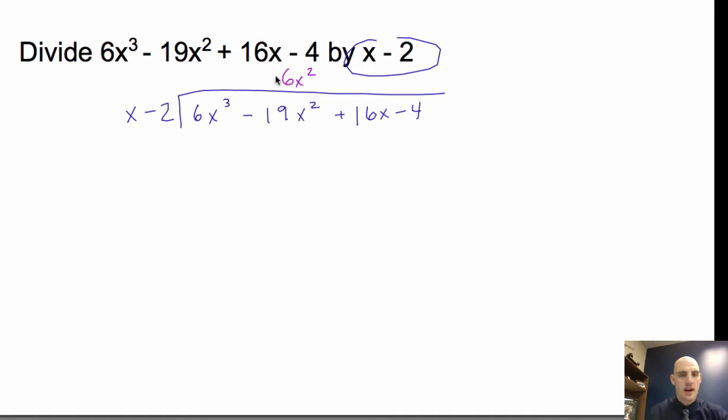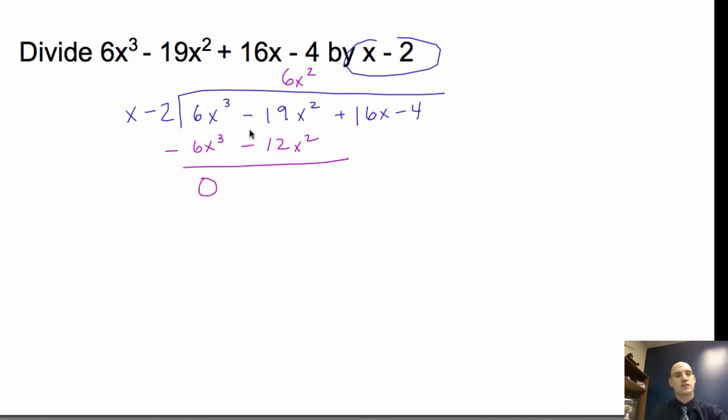In this case, now I'm going to multiply around. 6x squared times x would be 6x cubed. And then 6x squared times minus 2 would be minus 12x squared. You can see I started putting my answer here in line with the x squared column, but as I multiply, I'm going to put it underneath where it needs to go, because as I subtract, 6x cubed minus 6x cubed is 0.